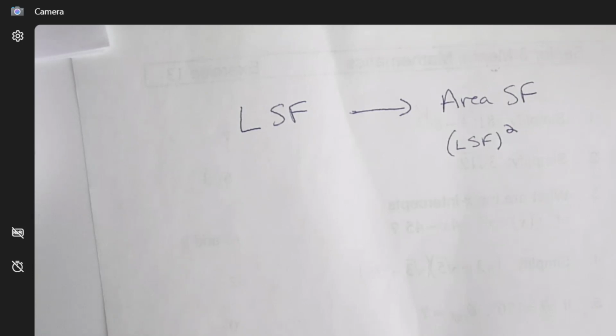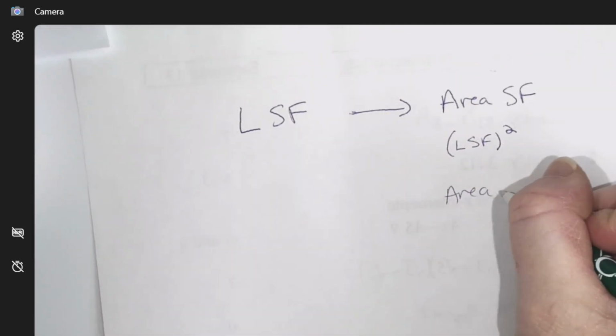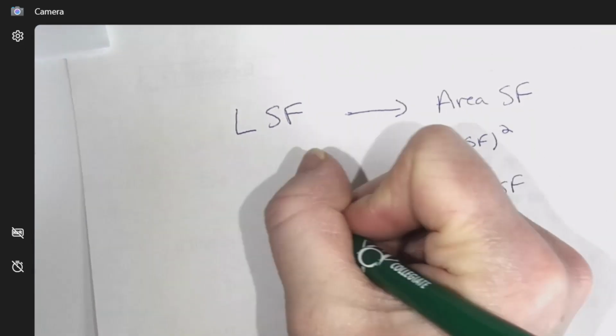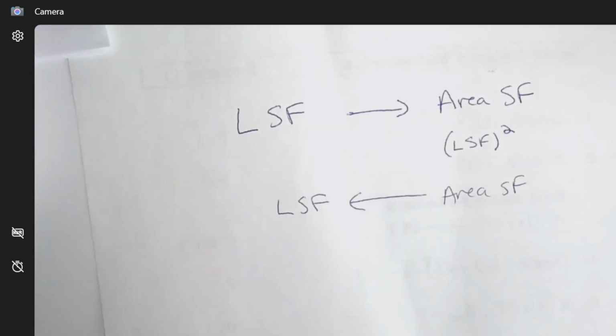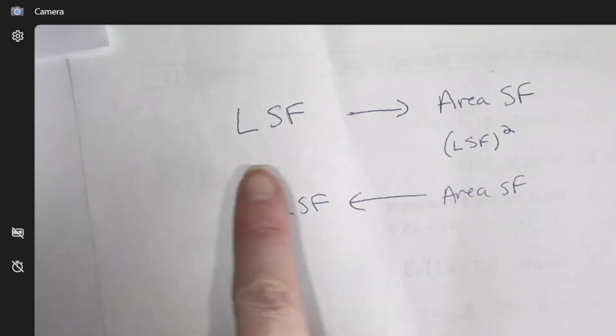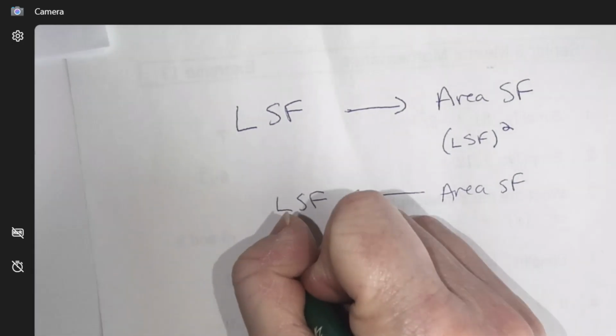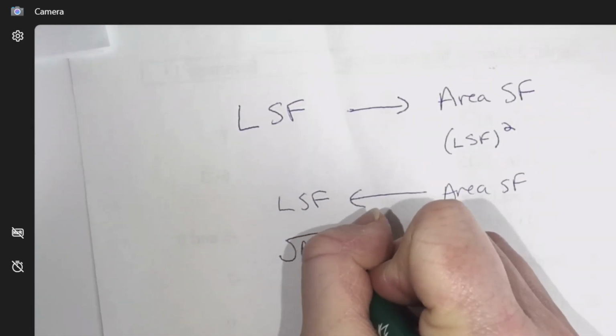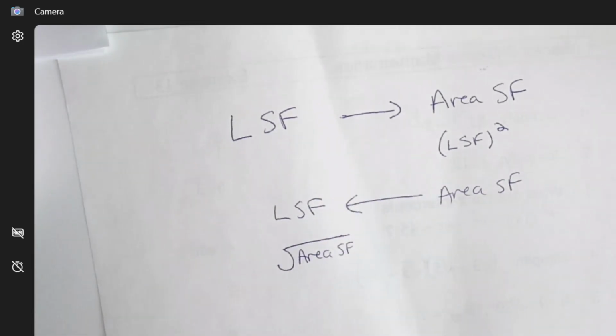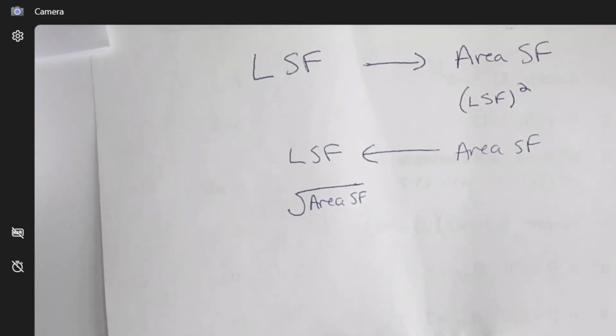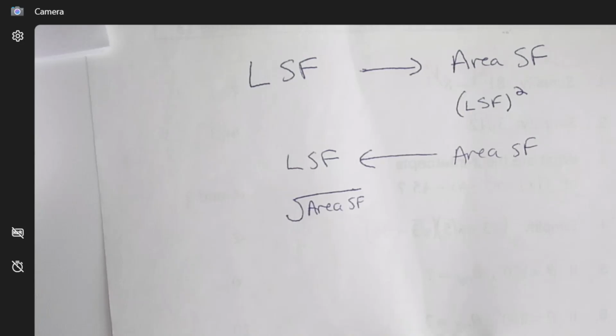If you want to reverse that, if you want to go from an area to a linear, if you are in area and you want to go to the linear sides, what do you think you're going to do? What's the reverse of that? Square root. Okay, so that's working between area and linear.